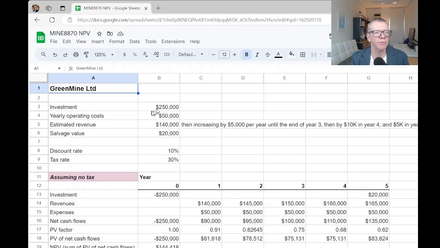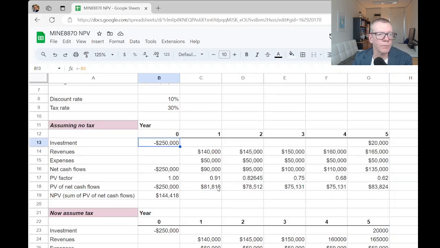So the investment of 250,000, yearly operating costs, estimated revenue of 140, then increasing. We can see, again, I'll code this initial investment as a negative number. I'm then going to take the revenues each year, 140, 145, 150, 160, 165.